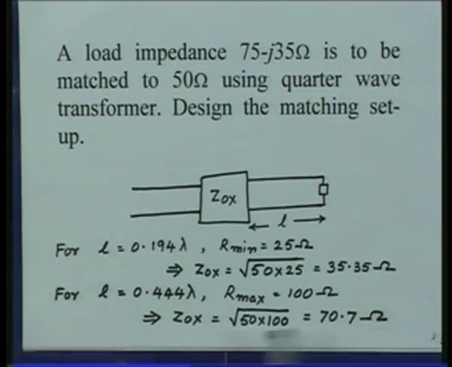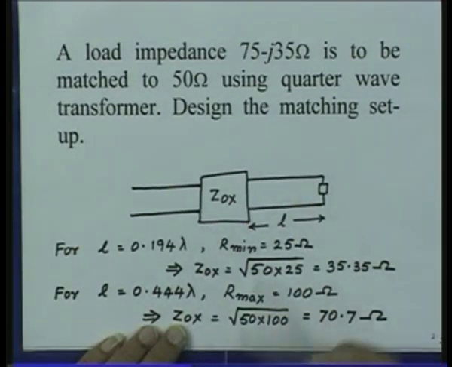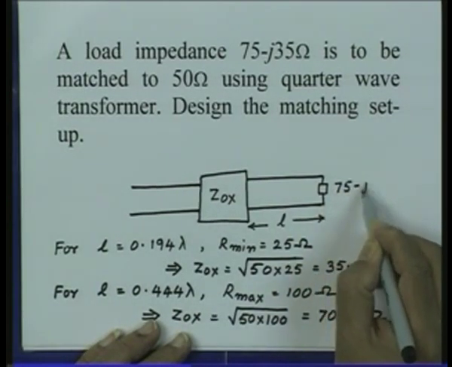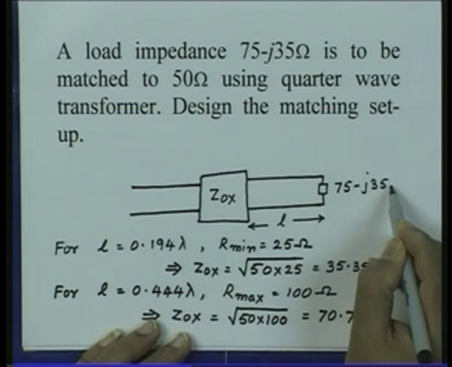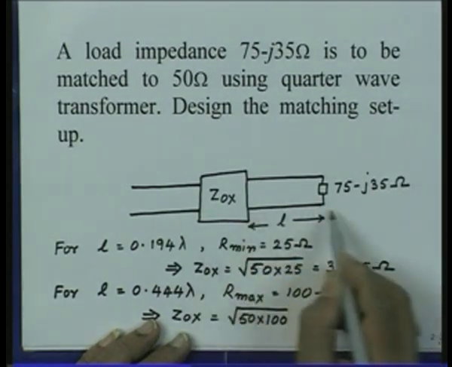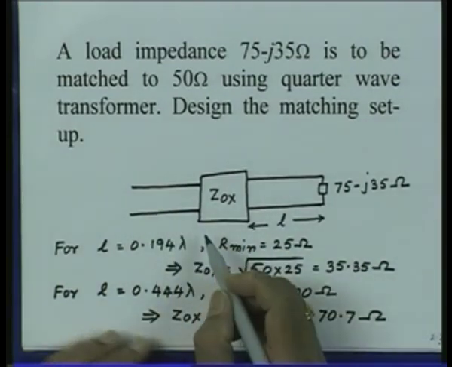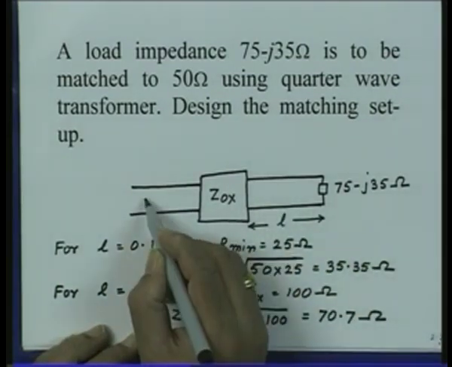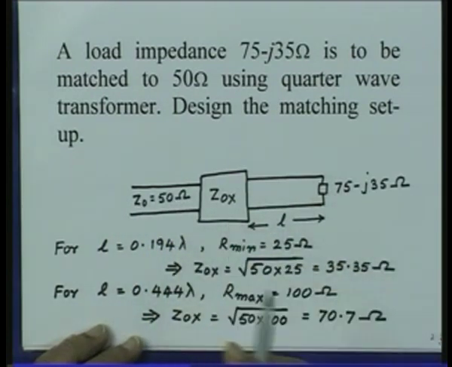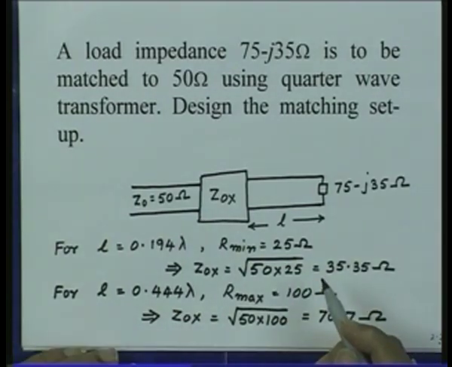So, the setup essentially would be that this is the unknown impedance, which is 75 minus j 35 ohms. I introduce a section of a line of the same characteristic impedance. Let us say Z naught is 50 ohms. So, this line also is of characteristic impedance 50 ohms.